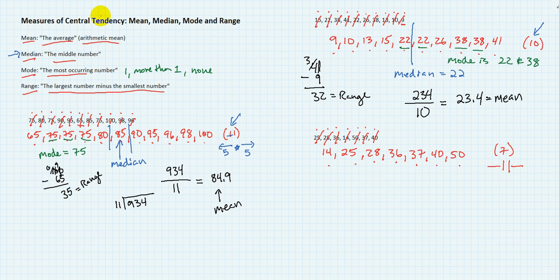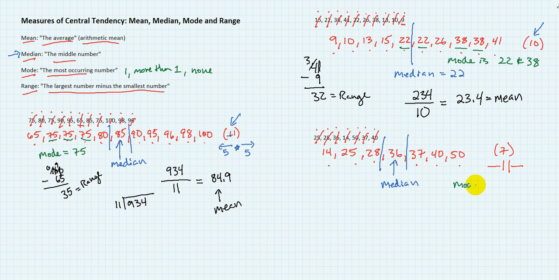So let's go ahead and find that. We got 1, 2, 3 there, and 1, 2, 3. You can see how the middle number is 36. So that's the median. I could then find the mode, and I go real quickly through, and I notice there is no repetition.